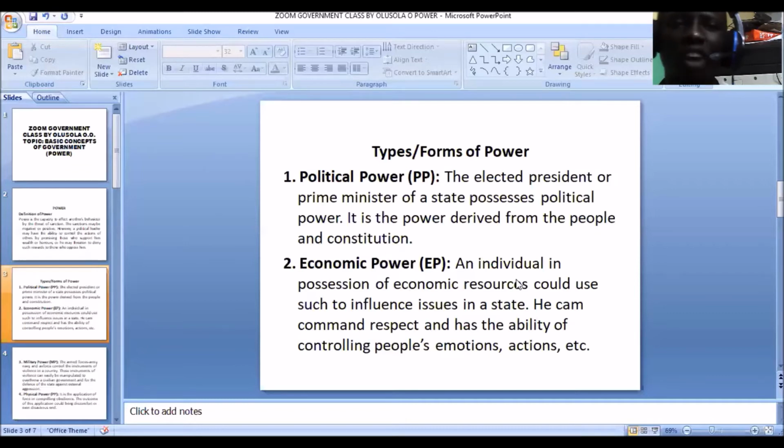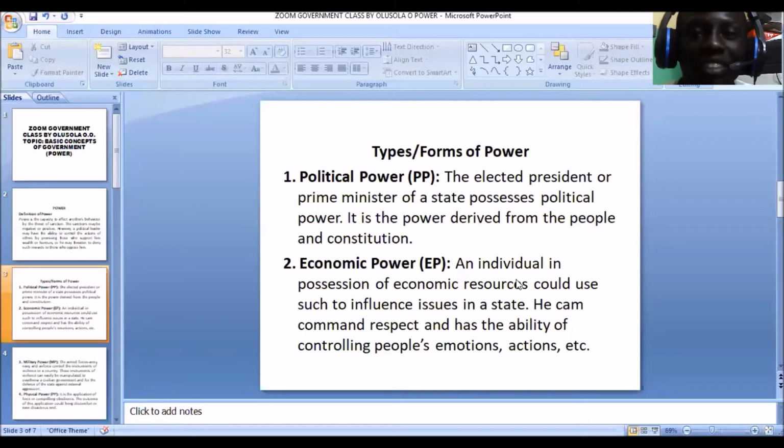But when we talk of economic power, it could be a power that an individual possesses, a claim to himself as a result of the level of economic resources that he or she has. For instance, Dangote in our world today, particularly in Africa, he has economic power.